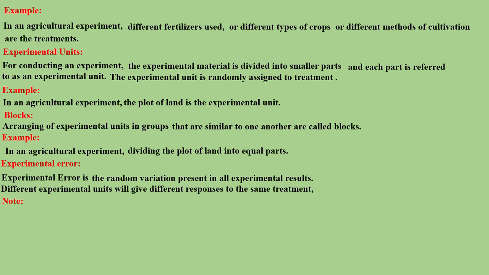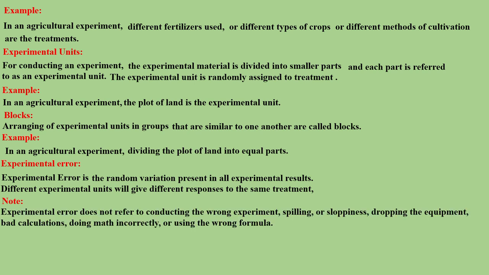Experimental error does not mean doing math correctly using a wrong formula or a wrong experiment; that is not experimental error. Experimental error is the output: the experimental units give different responses to the same treatment.